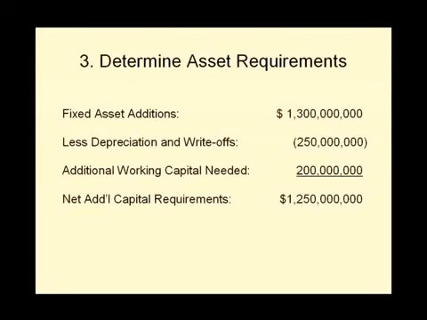Step 3 in the financial planning process is to determine the asset requirements of the firm going forward. Taking this step actually requires a prior decision, which is, what is the financial planning horizon of the firm?